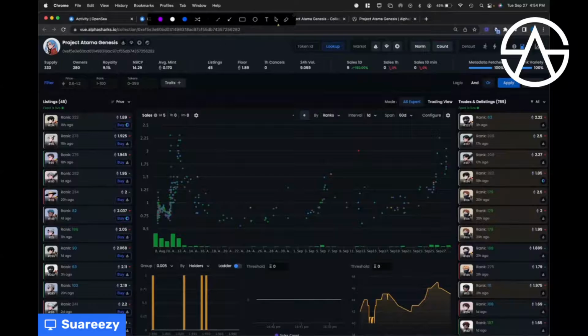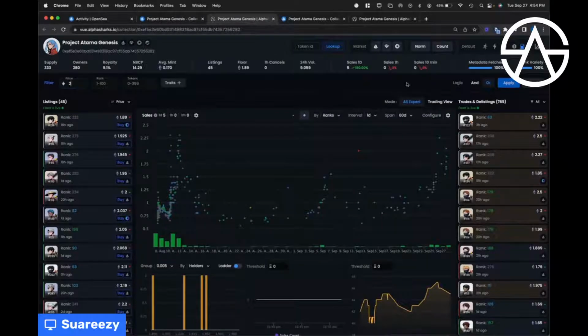Alright, so once you actually have that broken down, another thing you can do here as well is break down and filter whatever listings you're looking at. So not only by marketplace, but you can filter out by price. Let's say you only wanted to see NFTs up until 2 ETH.